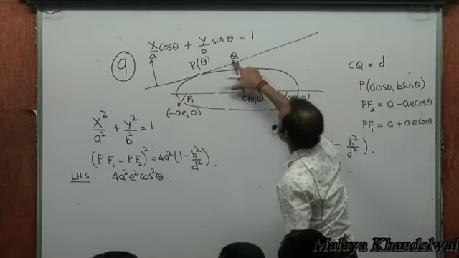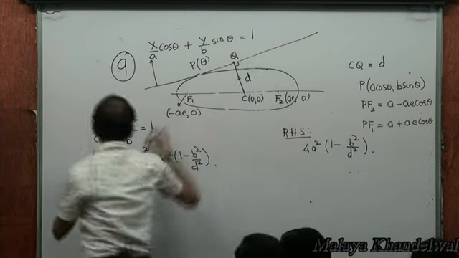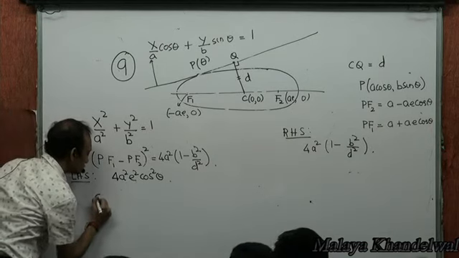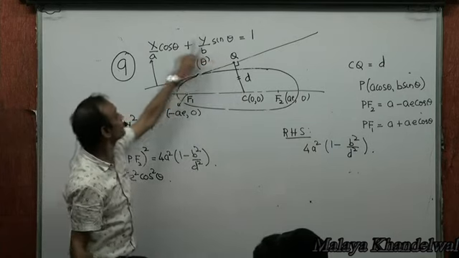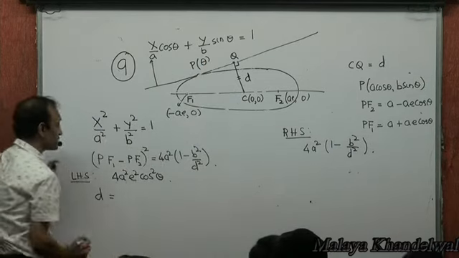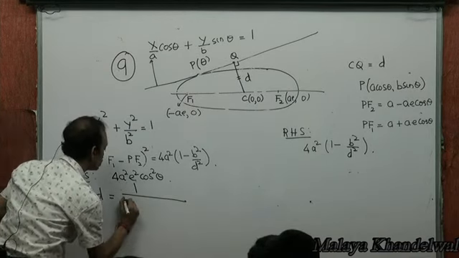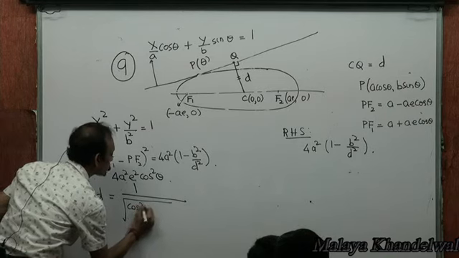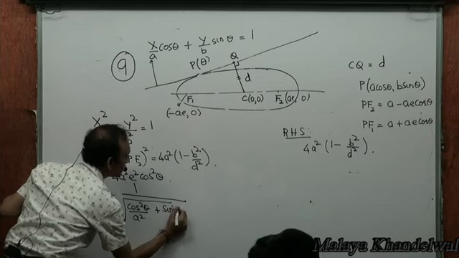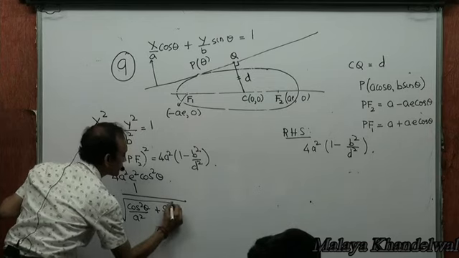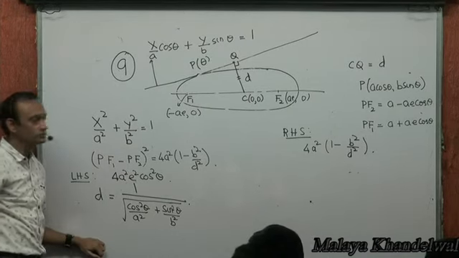Can I find the distance d of 0, 0 from this line? How do I find the distance d? d is the distance of 0, 0 from this line. Put x equal to 0, y equal to 0 here. Normal distance formula, the perpendicular distance of a point from a line. Root of cos square theta by a squared plus sine square theta by b squared. Yes or no?